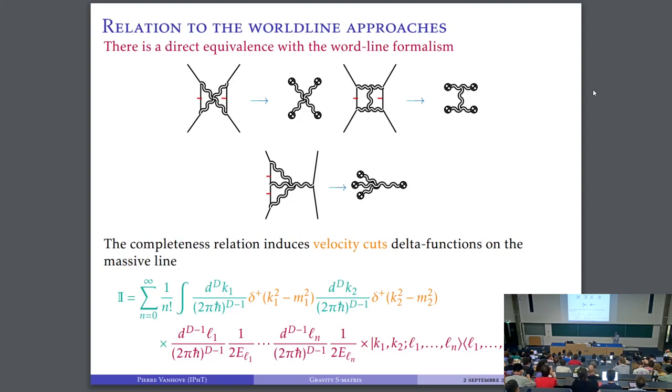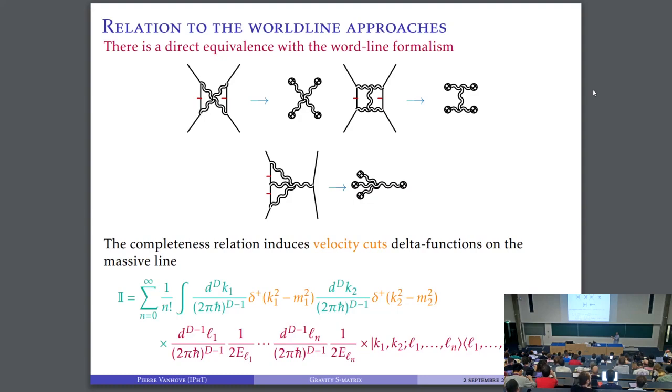And the completeness relation has, in the phase space integral, the delta plus function, that projects on the physical state. That is, this particle is on mass shell, and of course it has positive energy. And this is the graviton part.